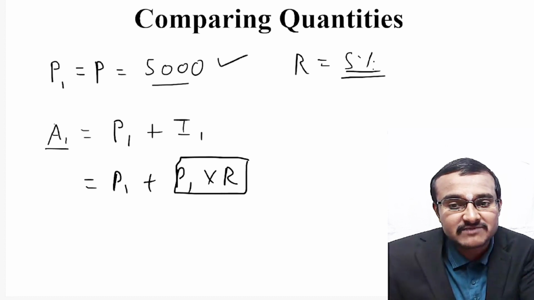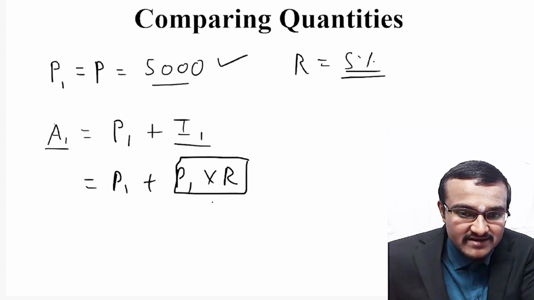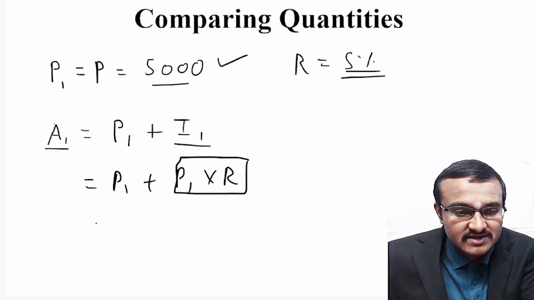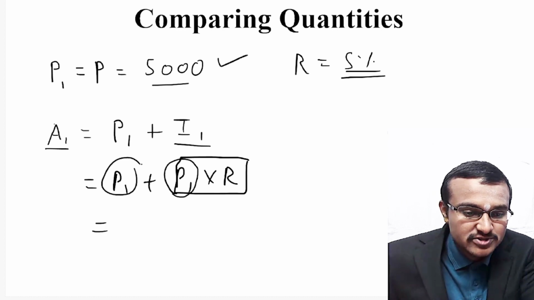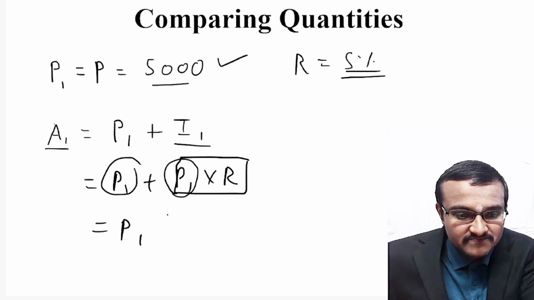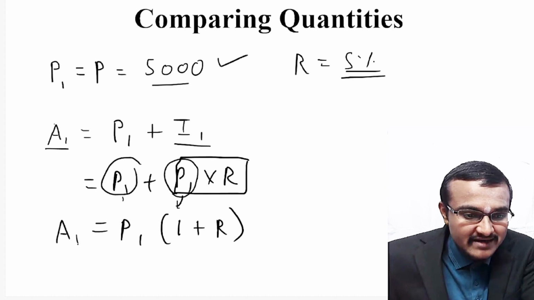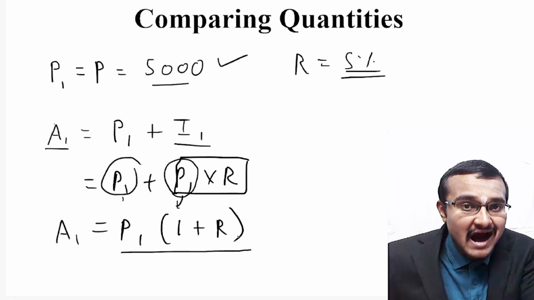There is no R1, because the 5% interest is fixed. So amount 1 will be P1 into R plus P1. Here P1 is there and here also P1 is there, so you can take P1 common. When you take P1 common, 1 will remain, and from the other term R will remain. So amount 1 is P1 into 1 plus R.